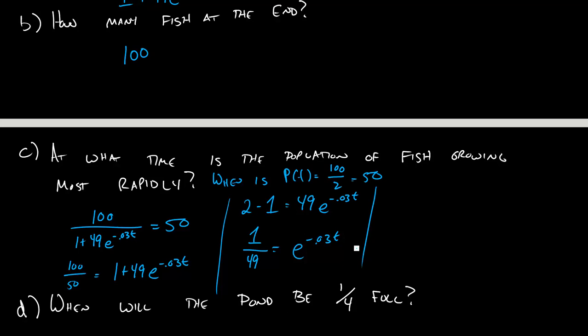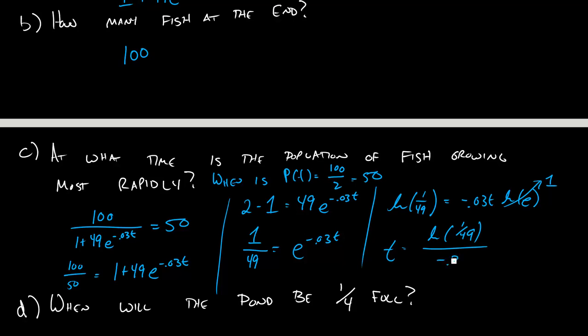And where is my variable here? It's in an exponent, so I need to take an ln, and I'll end up with the ln of 1 over 49 is equal to negative 0.03 t ln e. This ln e is equal to 1, and I divide each side by negative 0.03 to get t is equal to the ln of 1 over 49 divided by negative 0.03.